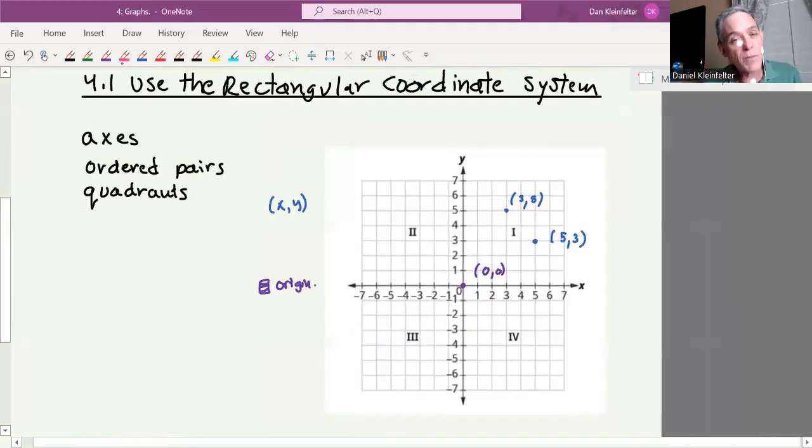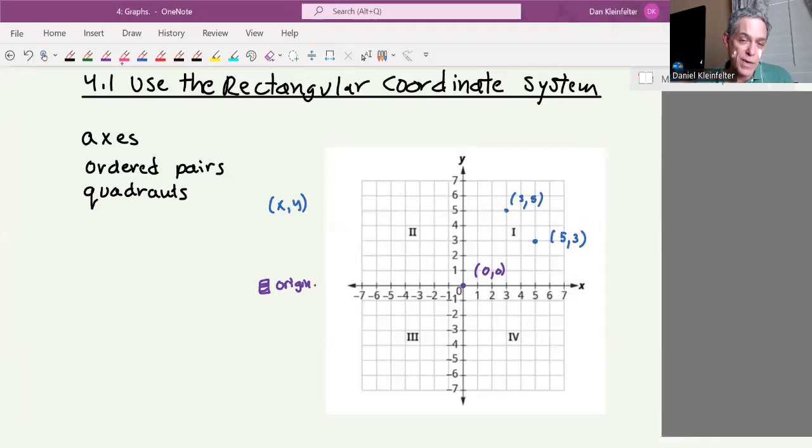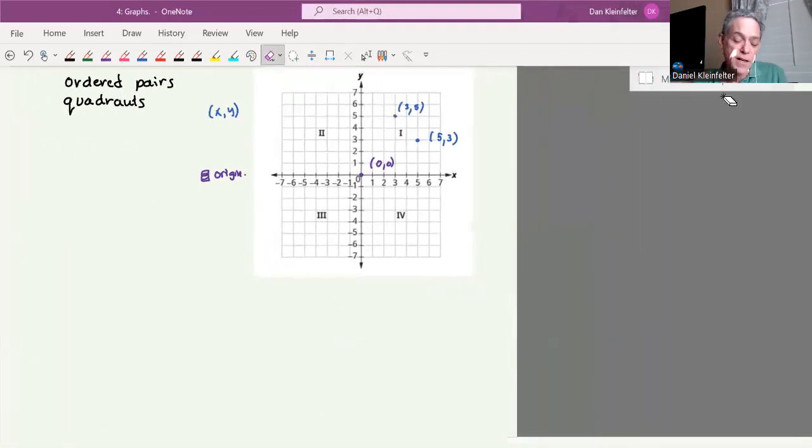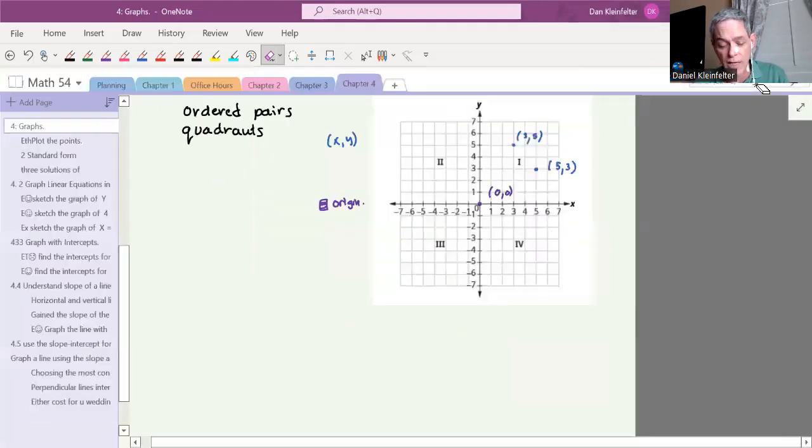Okay, so a fair bit of terminology in this first part: axes, quadrants, ordered pairs, and so on. There's a bit there, but you don't need to really memorize those. You'll kind of pick up the definitions as we go through. All right, the whole purpose of this picture is so that we can then look at illustrations of how the X and Y quantities or variables are related to each other.